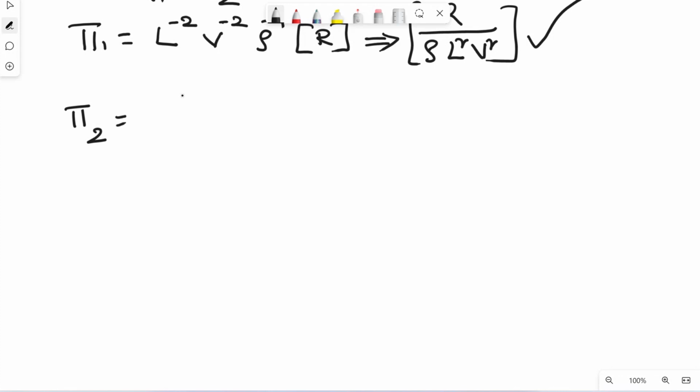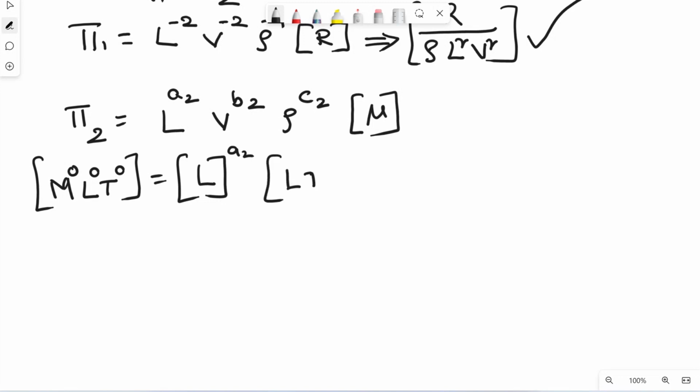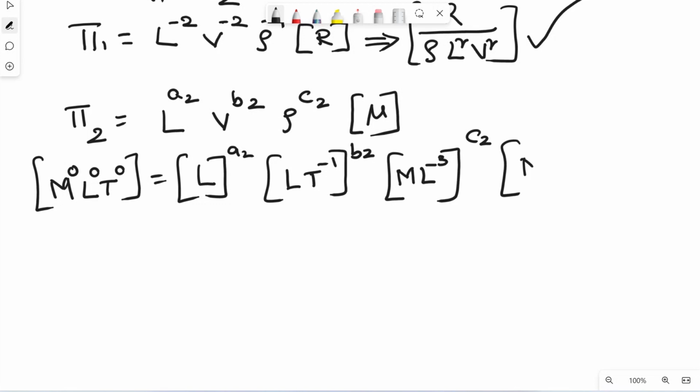Pi 2 is equal to L to the power of a2, V to the power of b2, then rho to the power of c2, into the last variable, which we can write as mu. So the dimensions: M0 L0 T0 on the left-hand side is equal to L to the power of a2, LT minus 1 to the power of b2, and rho is ML minus 3 to the power of c2, and mu is ML minus 1 T minus 1.